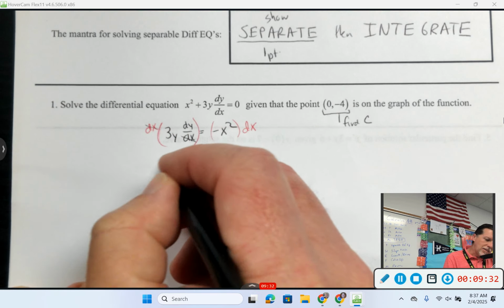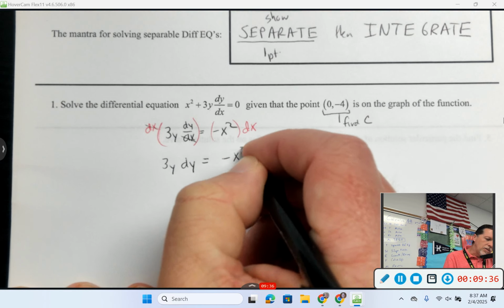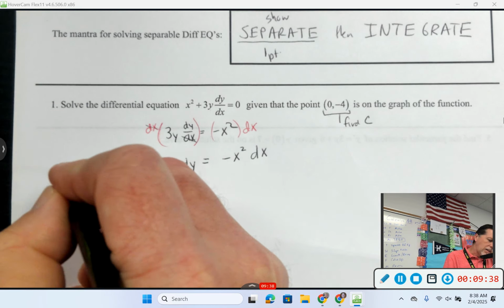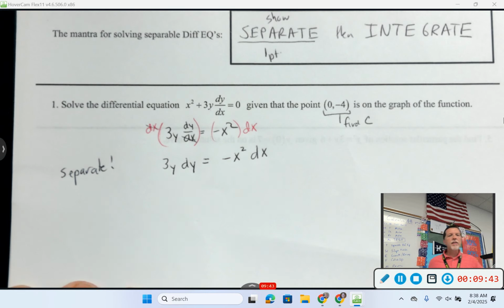The dx's cancel. So I've got 3y dy equals negative x squared dx. Now they're separated. So there's partial credit right there. Haven't really even done anything.